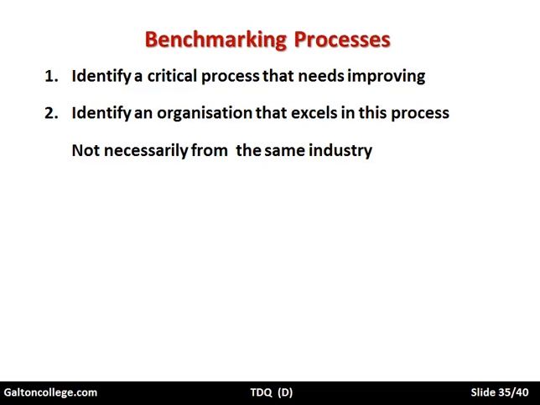And there might be industry standards, for example, and the company wants to achieve industry standards. By and large, companies will want to go further than that in terms of TQM and to build up a reputation as a high quality producer within that sector. But it might want to look at industry leaders and look at their processes if possible, and that will indicate what sort of benchmarks can be set.